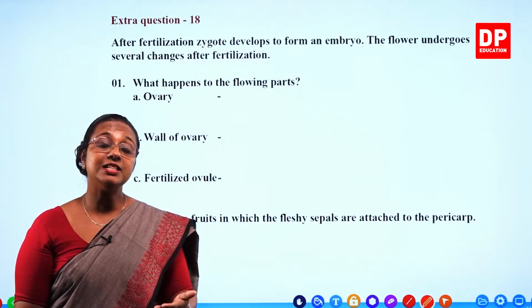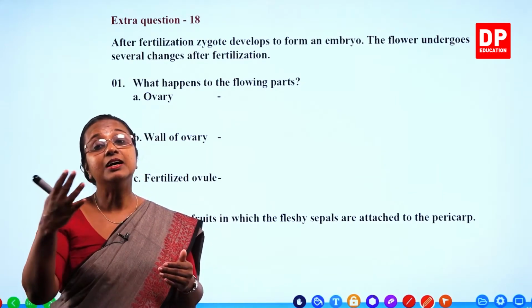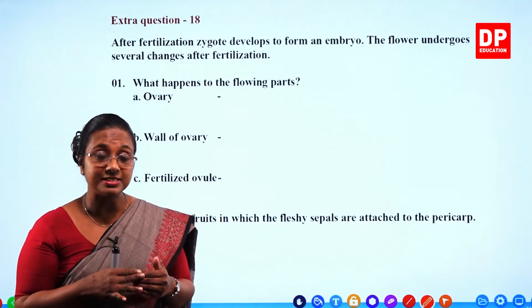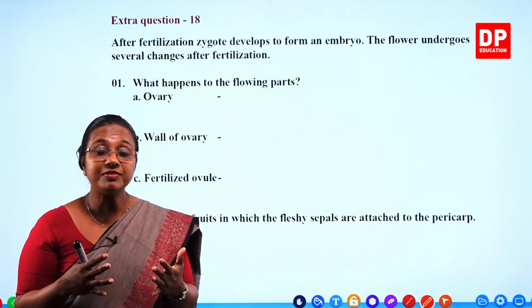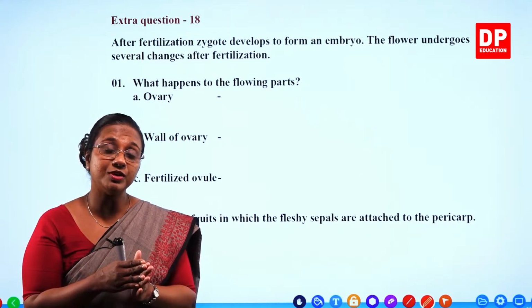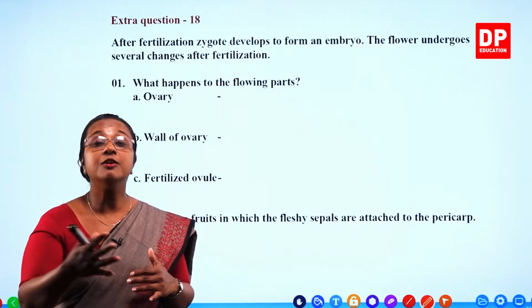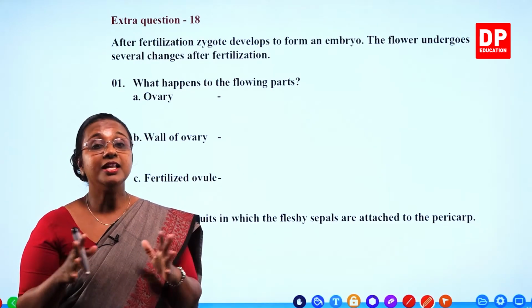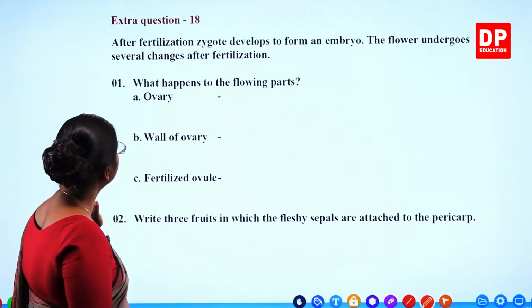And there inside the ovary, the mature ovules fuse with the male gamete cells, and that is what we call fertilization. After fertilization, the fertilized ovules become the seeds and the ovary becomes the fruit. And there in the flower, there are changes taking place. That is what we need to write here.